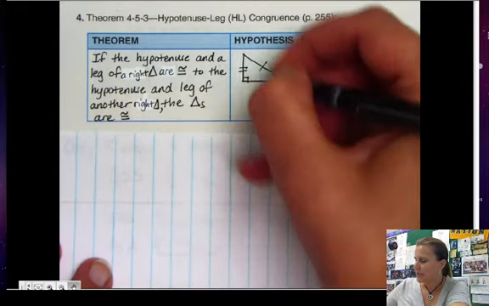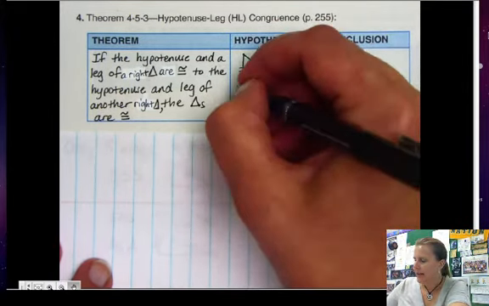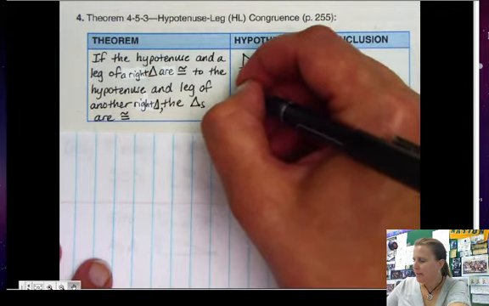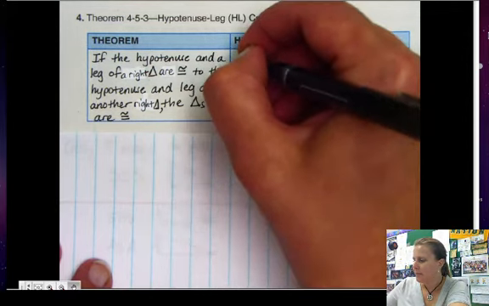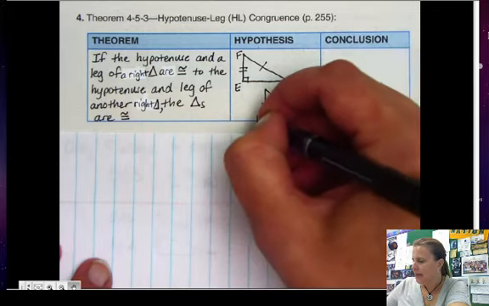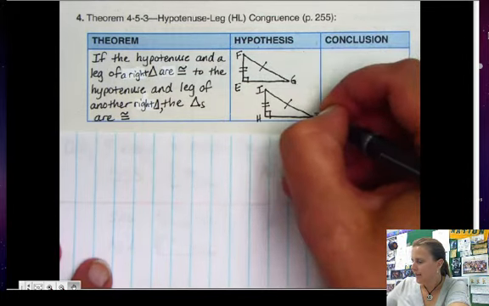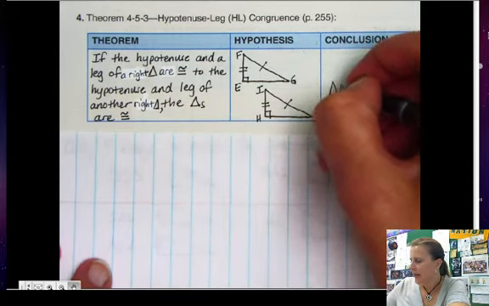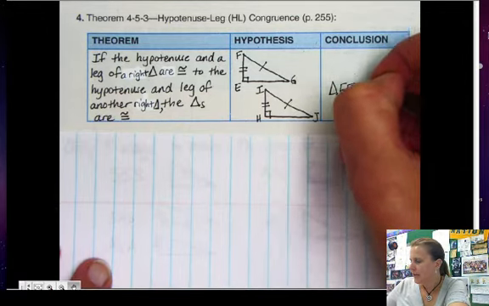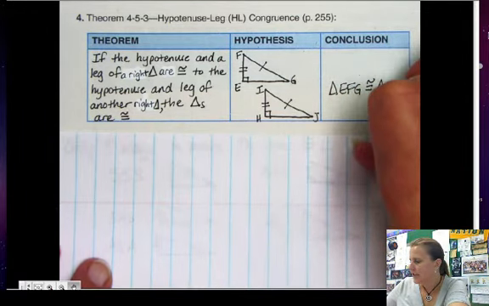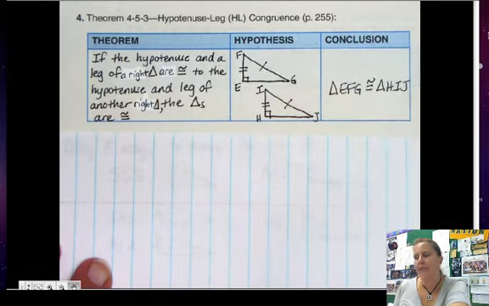So I'll go ahead and choose this one. Let's name these EFG and HIJ. So I can say that triangle EFG is congruent to triangle HIJ because of hypotenuse leg, HL.